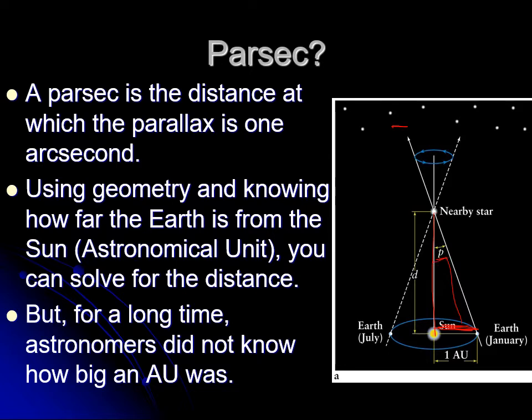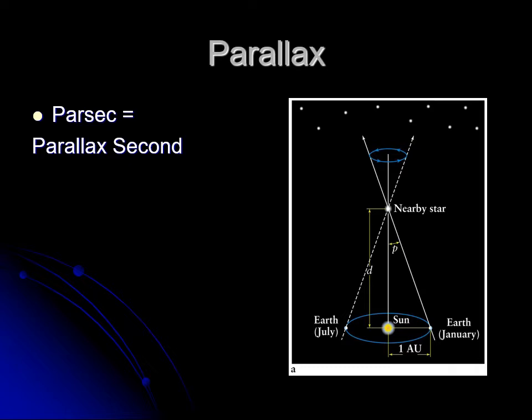I mean, if you got this angle and that distance down here at the bottom, so this is a triangle. So if you know this angle and that side, you can calculate that side because that's a right angle right there. But you have to know that distance. And it's very difficult to figure that distance down there, because how do you measure the distance from the Earth to the Sun?